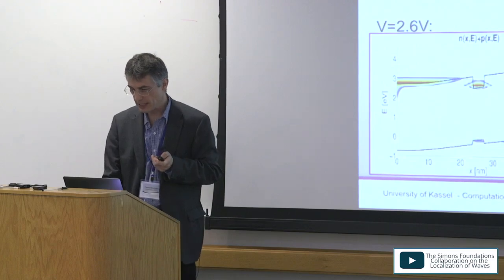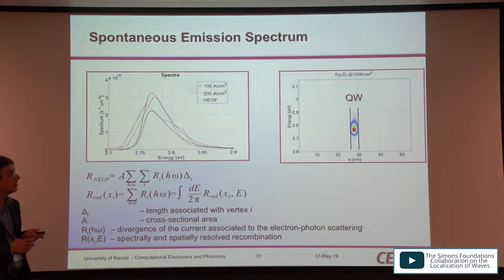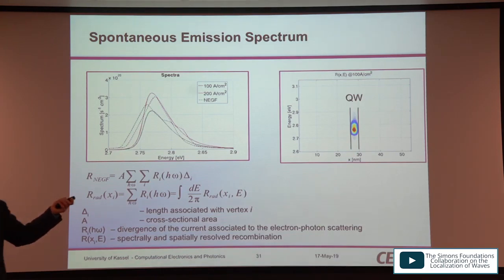Then we looked at the spectra, the radiative recombination spectra, and so the dashed lines are the NEGF method, and again the solid lines are a drift diffusion type of method. What we saw is that towards the band gap we get a much smaller slope, and this is because of the Urbach tail that's included in the simulation.